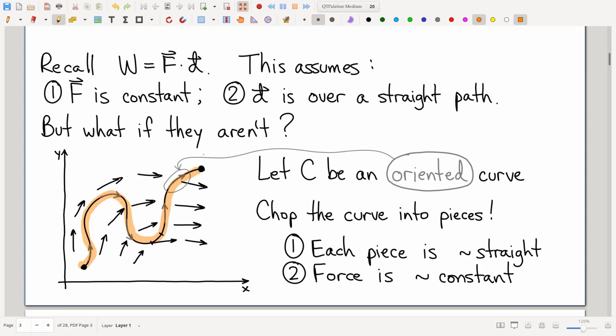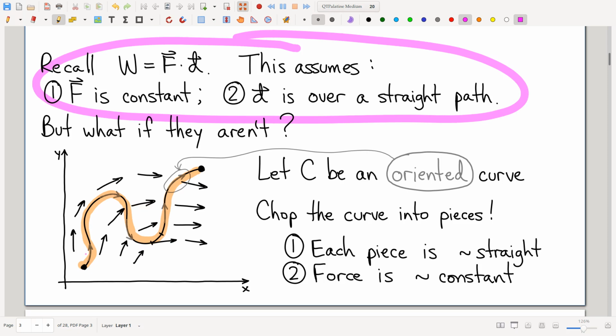This time we're going to compute work. And y'all will probably recall we have an old formula for how to compute work. But work assumes that you're moving in a straight line, which in this case we are not. This formula we have up here from Chapter 1 assumes you're moving on a straight path.